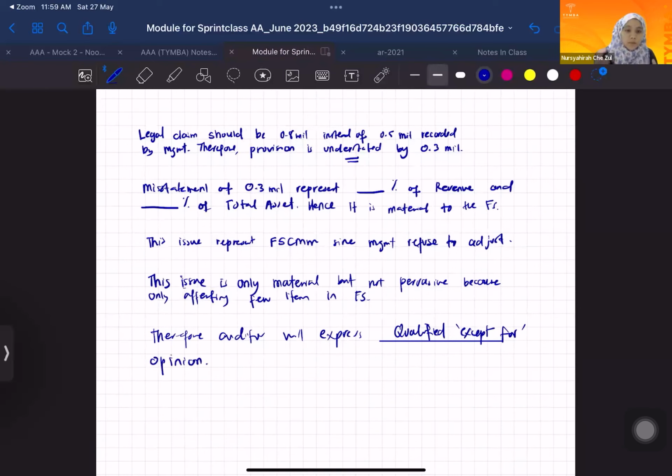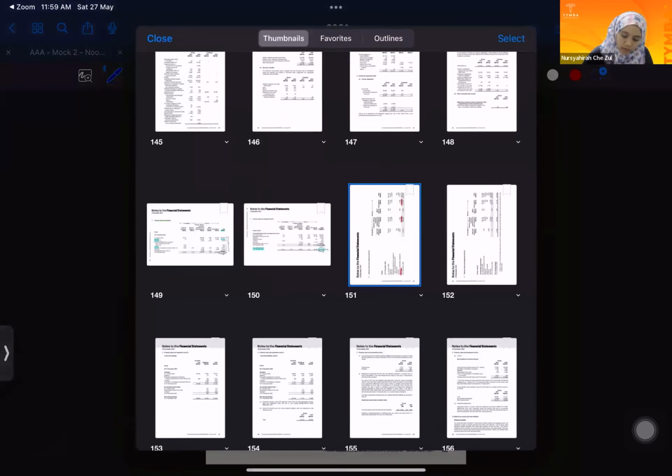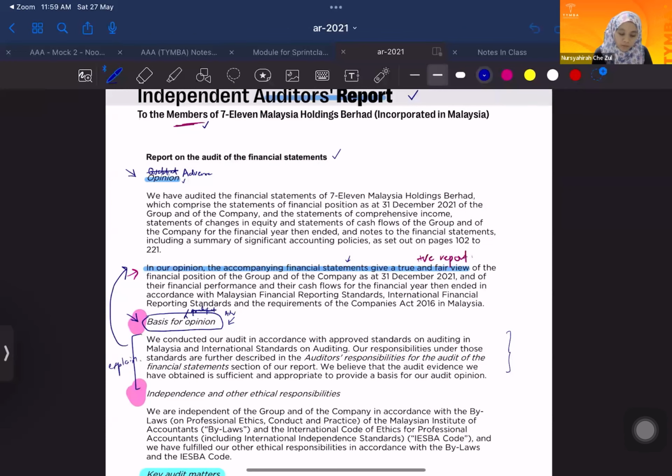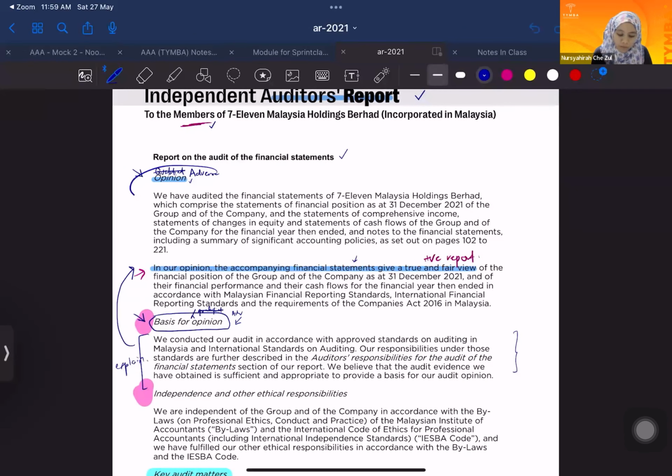Now add in one more just to make sure that we get the full 5 marks. Every time we issue whatever opinion, we include a basis. Whenever we issue an opinion, this is our first paragraph. The next paragraph is where we explain why we issue such an opinion.